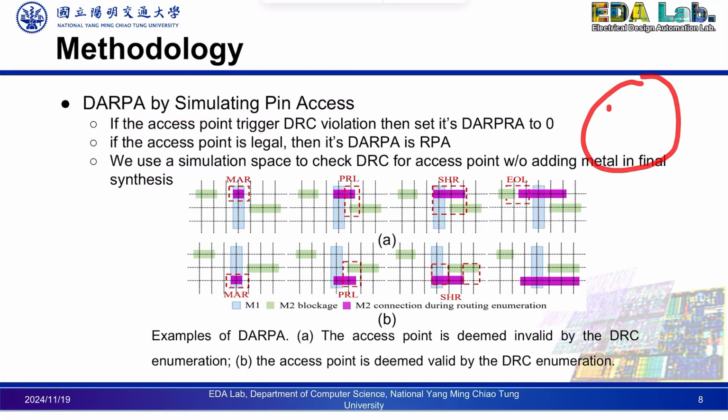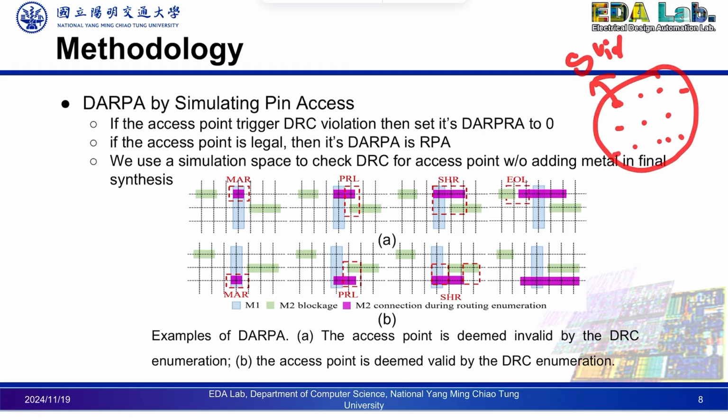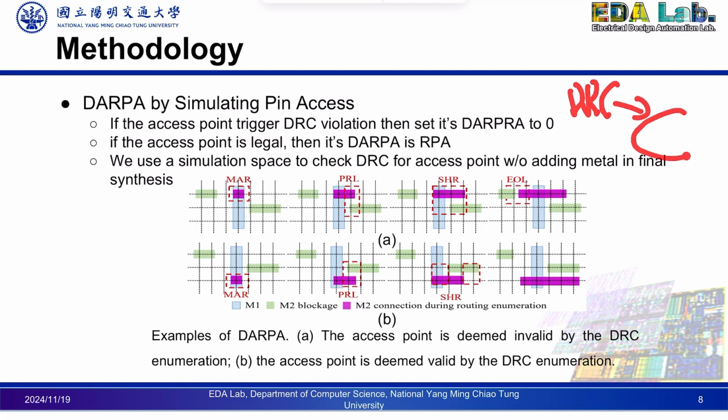The simulating space is basically another variable set, like grid variables, to define the connection between the grids, the connection of metal, and so on. Then we also apply the DRC constraints to the simulation space. Then we can try to simulate the PSS process in the simulation space.